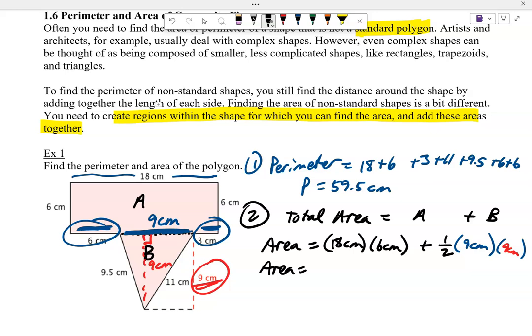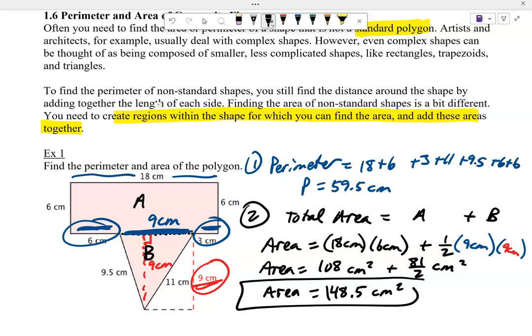I've got an area, 18 times 6 is 108 square centimeters. 9 times 9 is 81, so half of 81 is 81 over 2, or 40.5, square centimeters. So I've got 108 plus 40.5, I've got 148.5 square centimeters. That's that total area if I were to paint all this, right? Paint that area A and B.